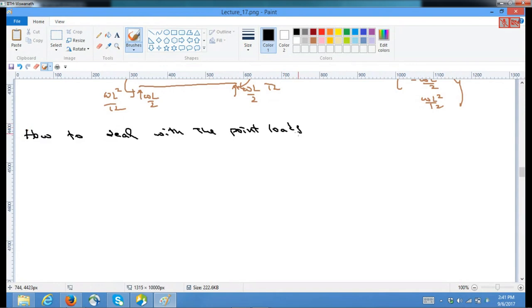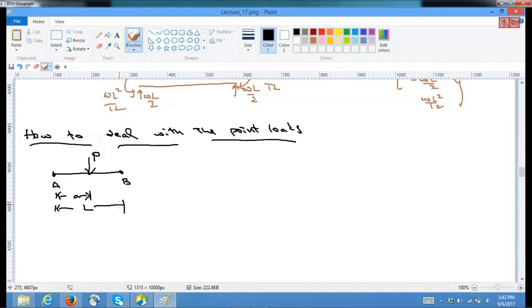Let us take a case where this is node A and this is node B, and let us say you have a point load P acting at a distance of a, when the length of the beam element is L.